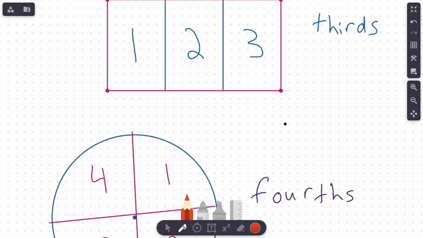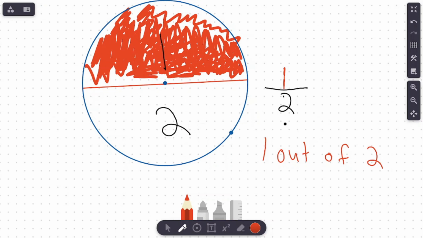So let's go down to our problem here. What we have is 1 half. A lot of times you'll hear people say 1 half. So to say this one, 1 half, because we have 1 out of 2. That's another way you can say it.